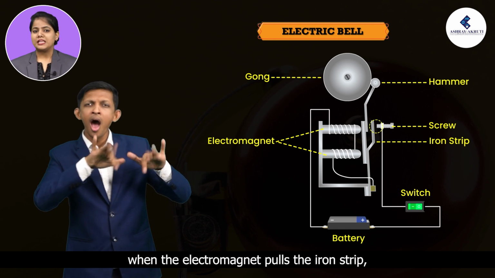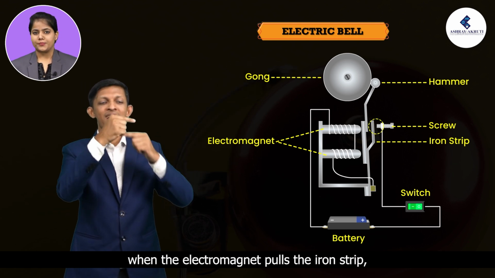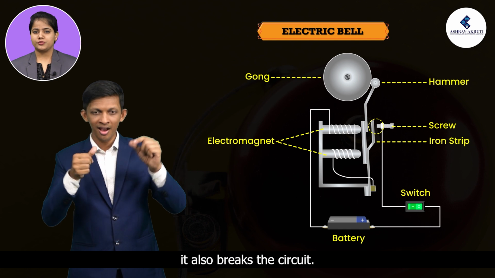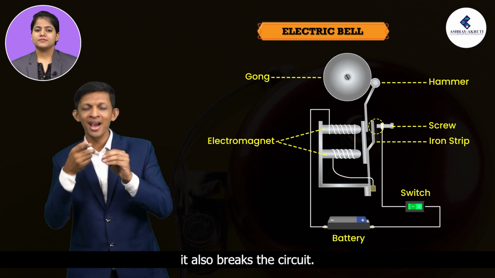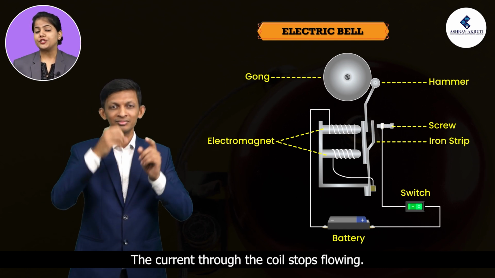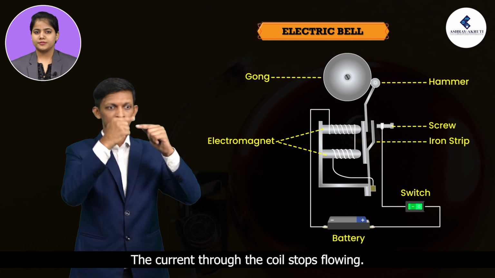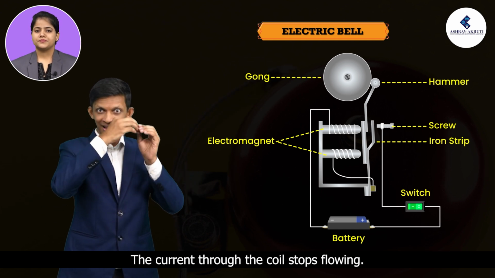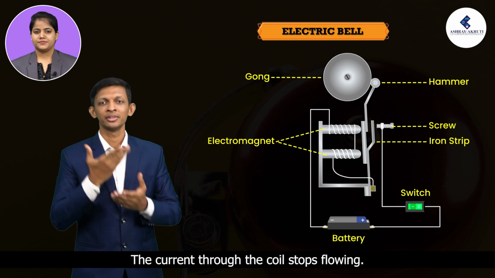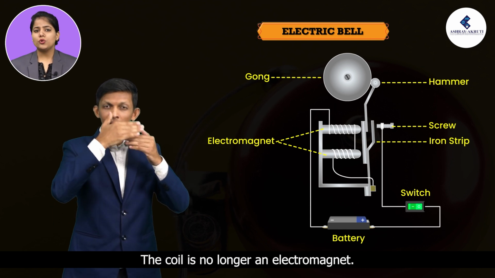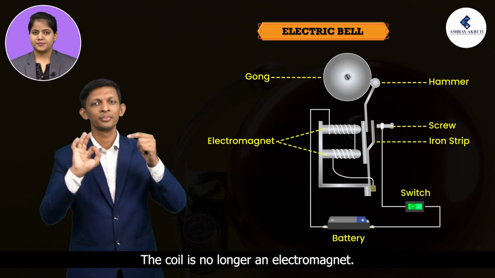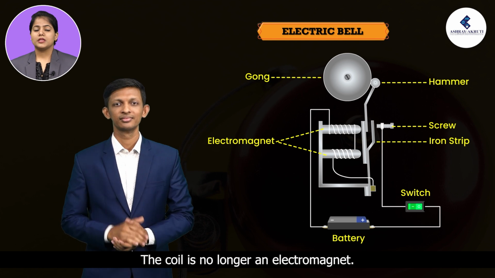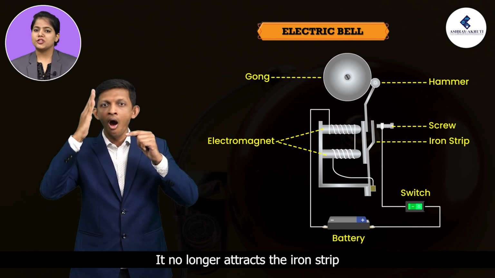However, when the electromagnet pulls the iron strip, it also breaks the circuit. The current through the coil stops flowing. The coil is no longer an electromagnet. It no longer attracts the iron strip.